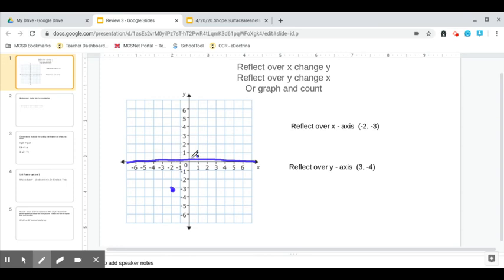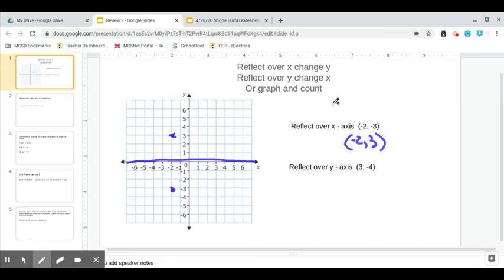So right now, if we just graph and count, I am 1, 2, 3 below the axis. So let's go up 1, 2, 3 above the axis. And now I am at the point of -2, 1, 2, 3. So if I do that, I'm at the point -2, 3.